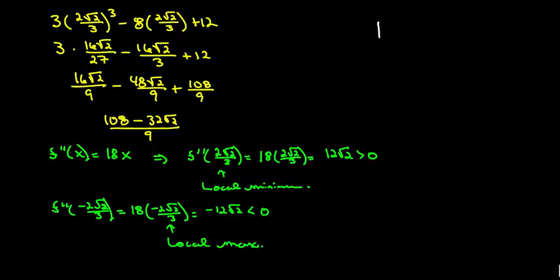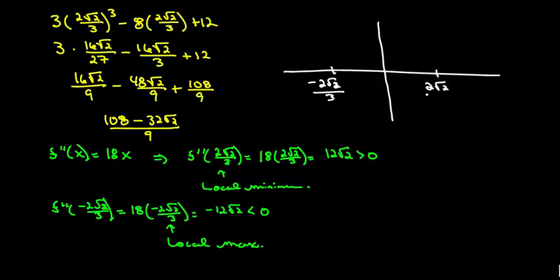So the overall graph, to sketch it out, over here is negative 2 square roots of 2 over 3, and over here is positive 2 square roots of 2 over 3. Now, where do they fall, above or below the axis? It looks like they both do fall above the axis. So I'm just going to put the negative guy a little bit higher than this guy right here.